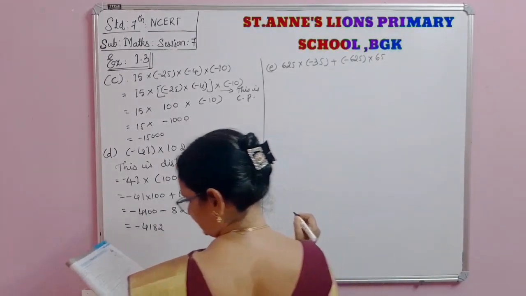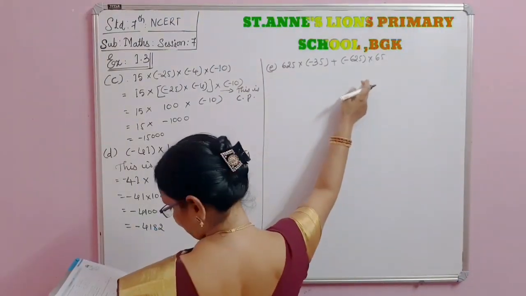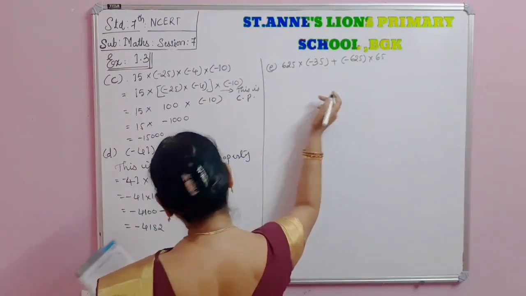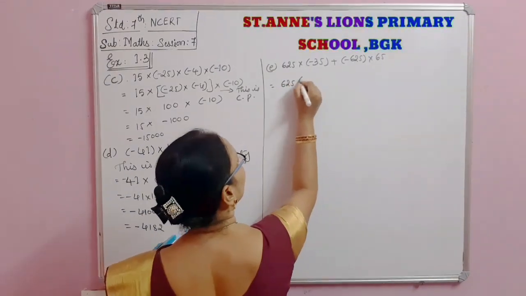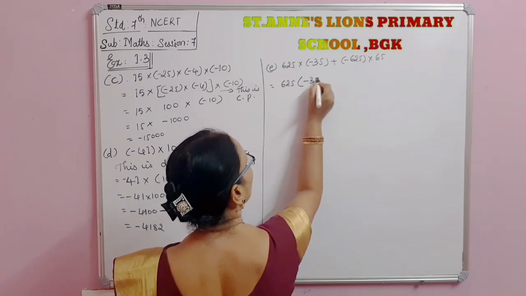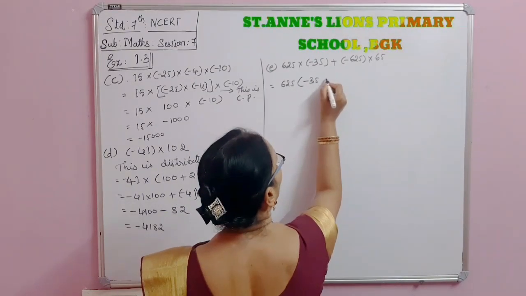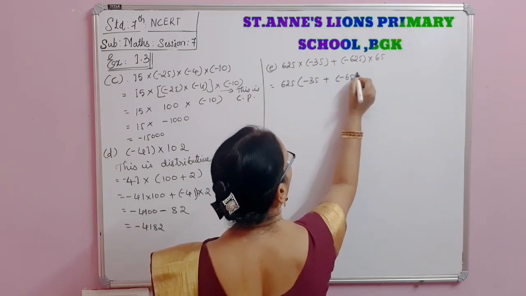Okay, this is also distributive property. Here the same number has come repeatedly, that means that is distributive property. Now we will take this 625 out, and this is minus 35 plus of minus 65.